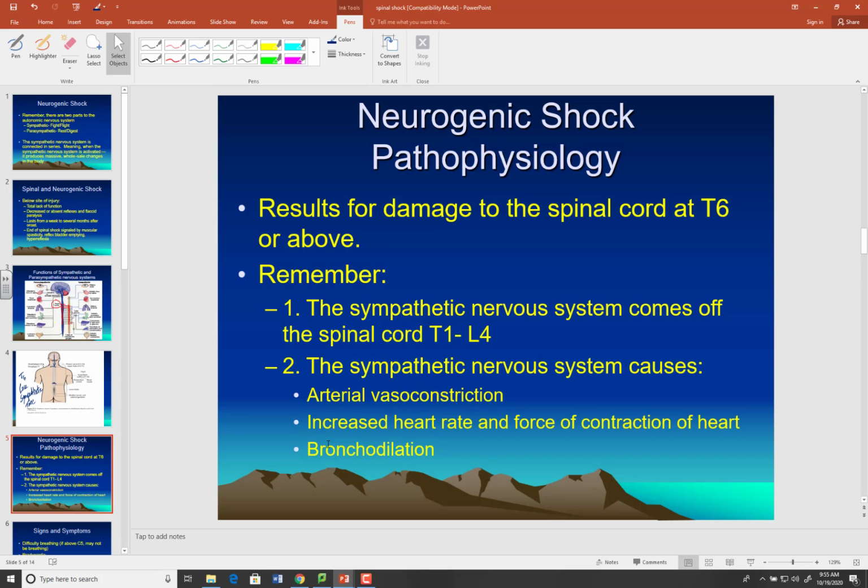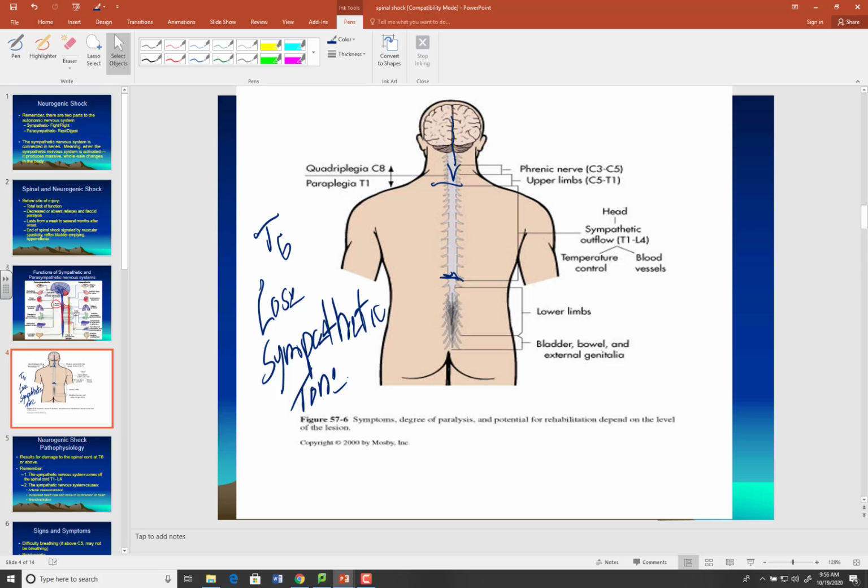You want your heart rate and blood pressure up because your heart rate and blood pressure go up when you're running or fighting. You also get arterial vasoconstriction because you don't want to be sending blood to parts of the body that are not involved in running or fighting, right? It wouldn't make sense. So with the damage to the spinal cord above T6, you lose that sympathetic tone. So what's going to happen?